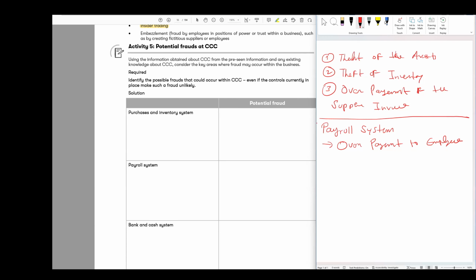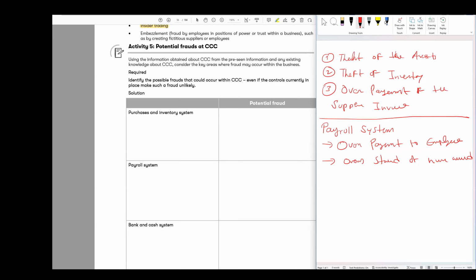and overstated hours worked. So how many hours they work, we can pay more because there is no sort of control in place.